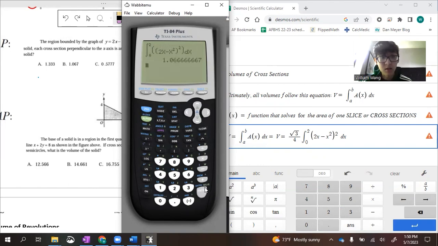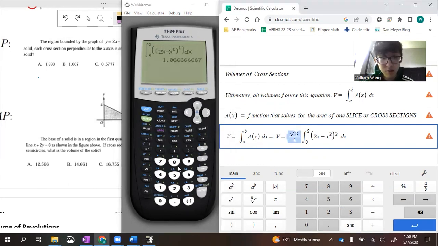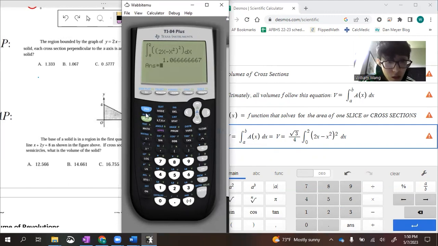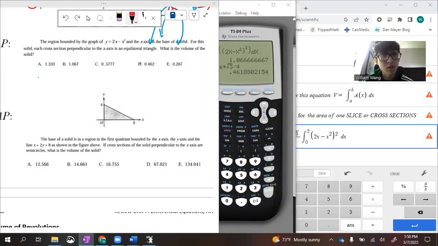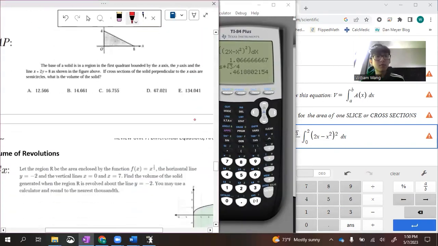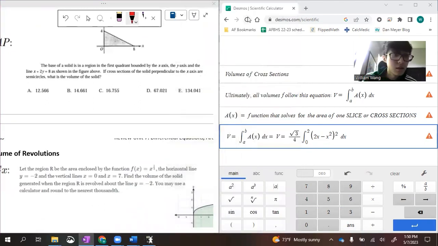I'm going to press enter to solve this. Then I'm going to multiply this. Do not forget, I need to multiply this by root 3 over 4. So times square root of 3 divided by 4. That should give me the right answer: 0.462. So my answer choice is going to be D. Hopefully that makes sense.